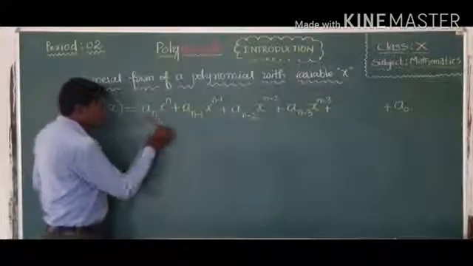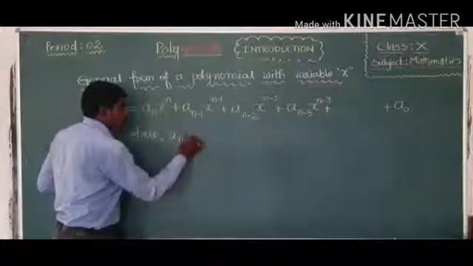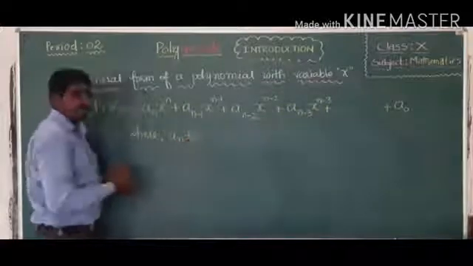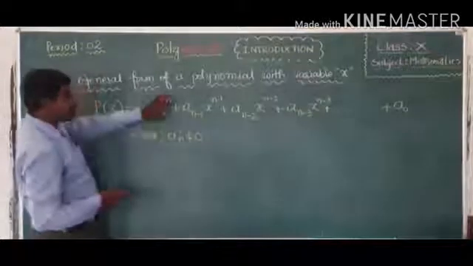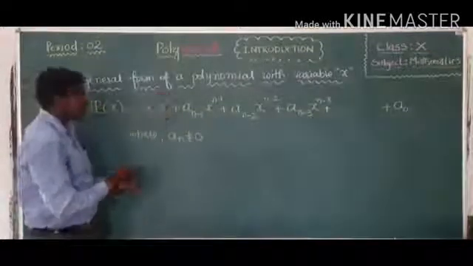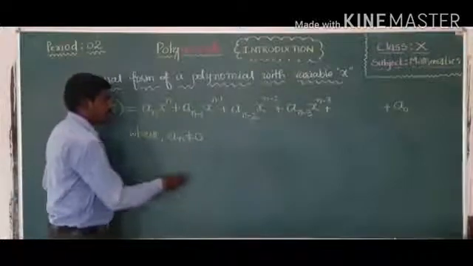here a n must be not equal to 0. If a n is 0, this whole term becomes 0, so that is why a n must be not equal to 0.